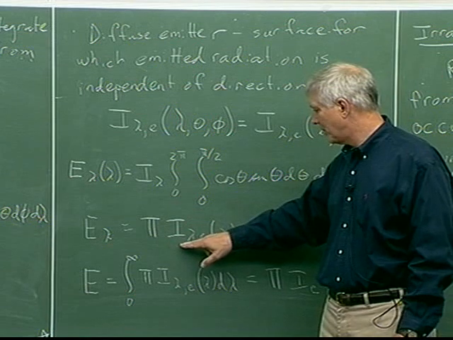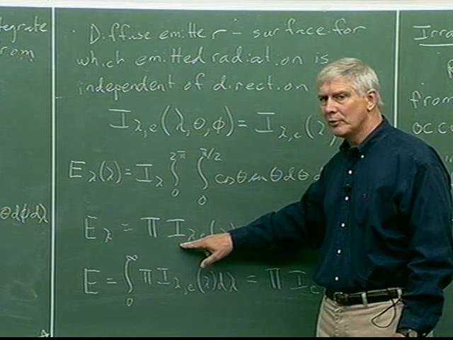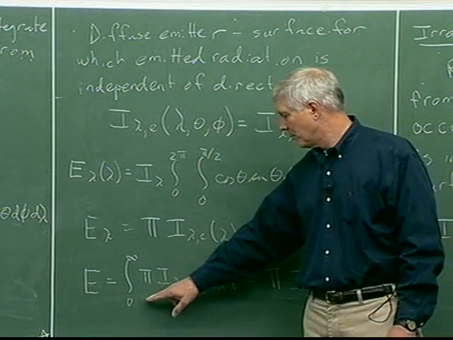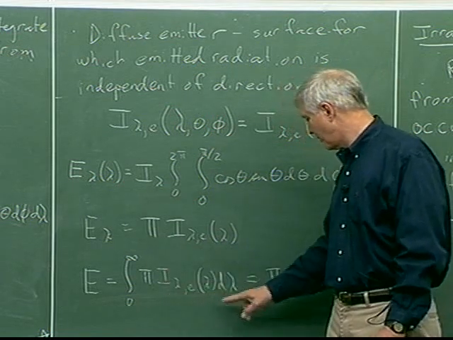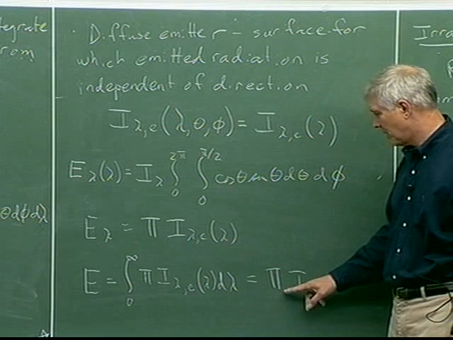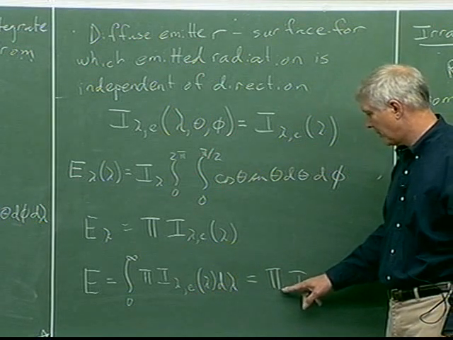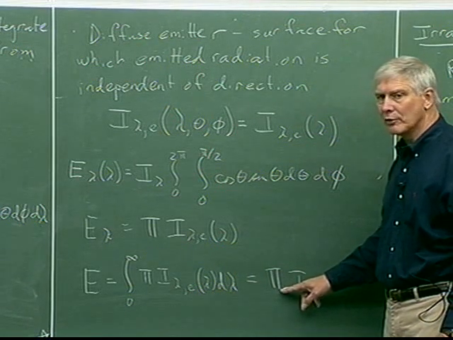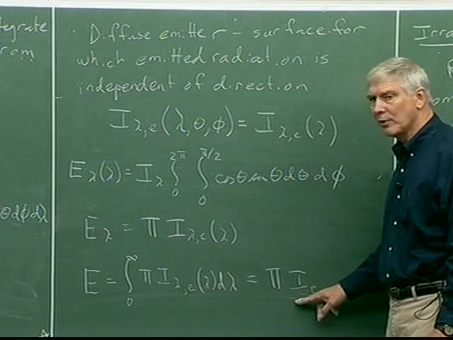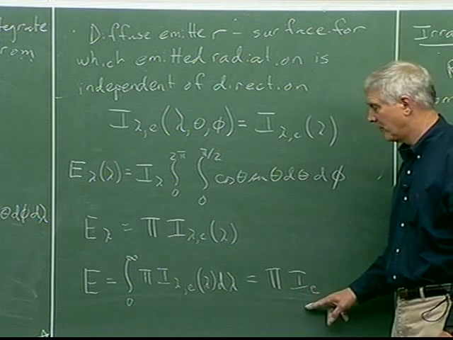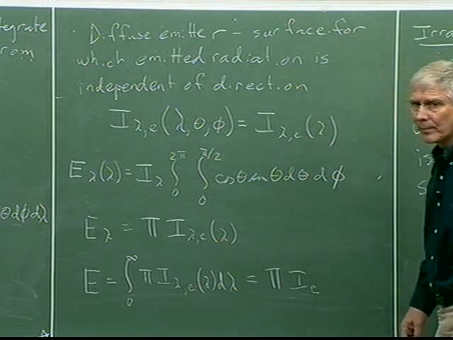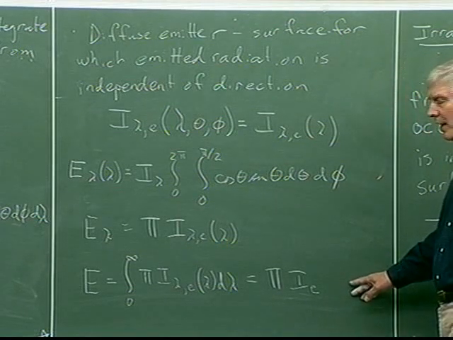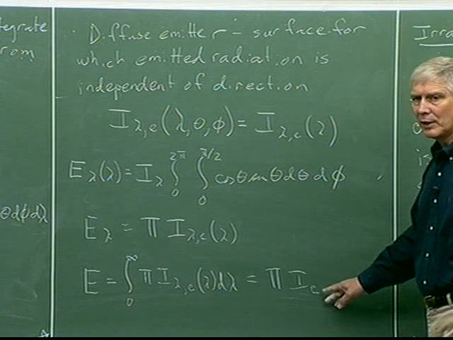So it'd be pi times the intensity, and if we want to get the total emission over all wavelengths, we can plug it in down here and integrate across that, and we get that the total emission over all wavelengths for a diffuse emitter is equal to pi times the intensity, which we still have to find out what that is, but we could get it. Okay. All right, so that takes care for now of our emitted radiation.